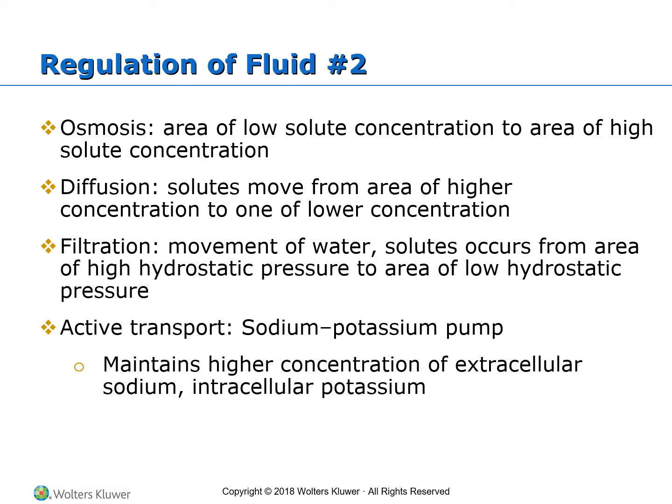And the reverse of that is true for sodium. More sodium is in the extracellular space, and so it needs to be pulled from the intracellular fluid out to the extracellular. And that is done by the sodium-potassium pump.